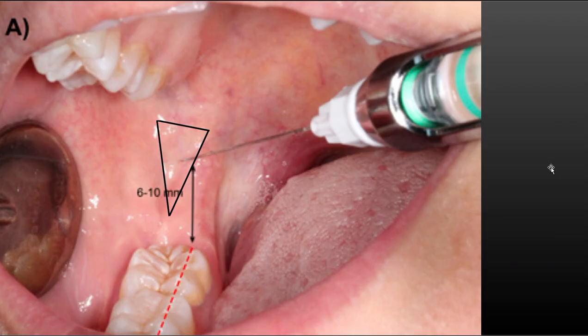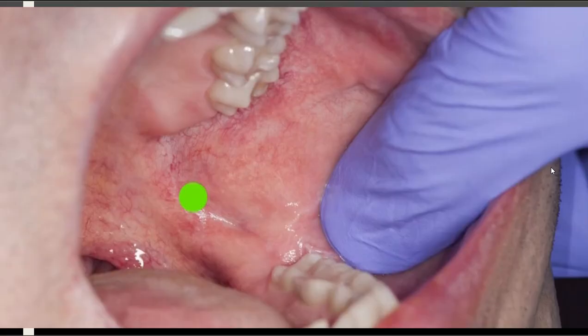Now, the boundaries: the medial pterygoid makes the floor and medially, the lateral pterygoid makes the superior border, the lateral border of the ramus makes the anterior border, and posteriorly, we have the parotid gland, and that's where we give it.